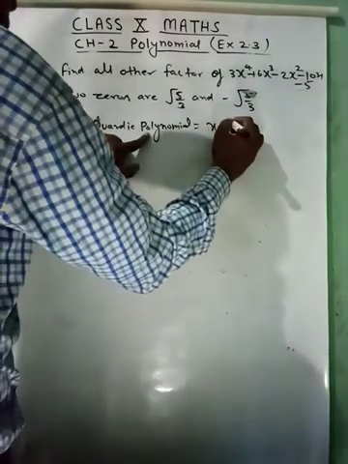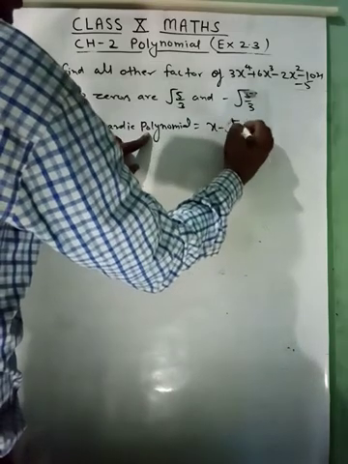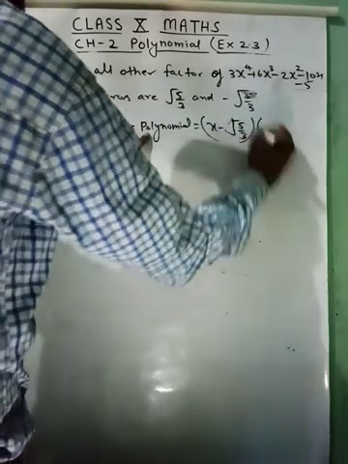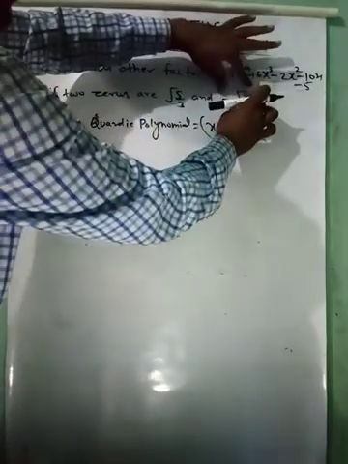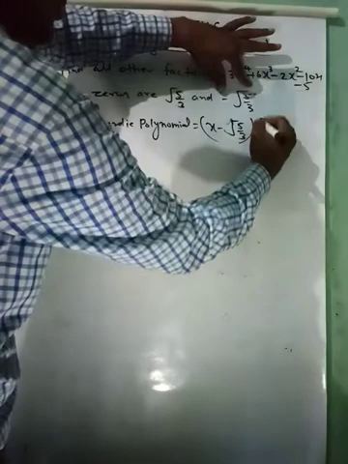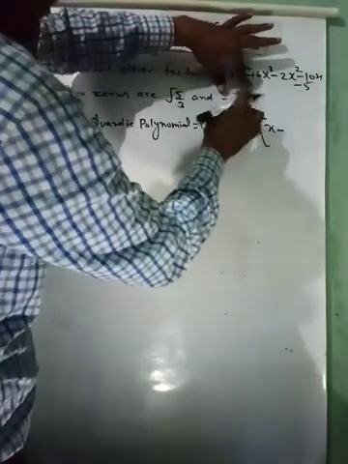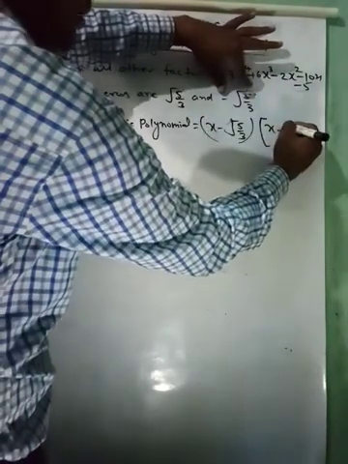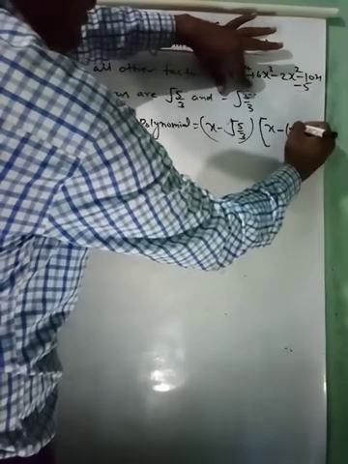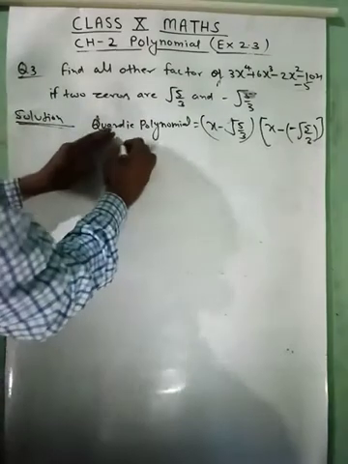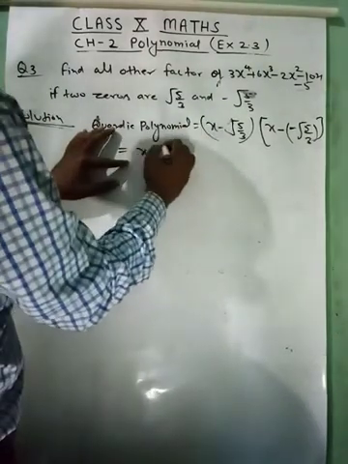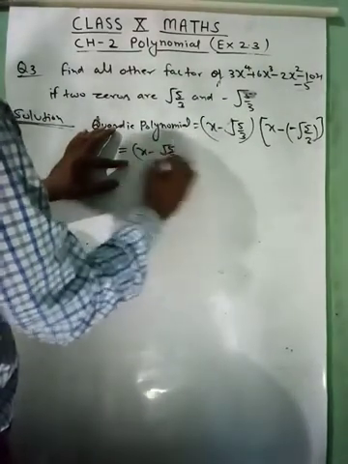x minus √5/3 in one bracket. It means x minus the first zero and x minus the second zero. x minus, and we know that it is a negative sign, so the sign will be negative, √5/3, bracket closed. So this will be x minus √5/3.